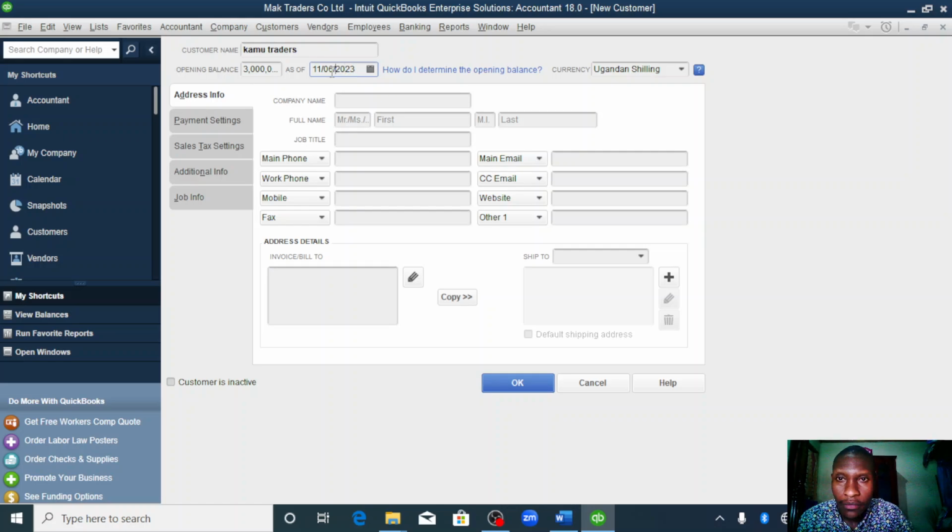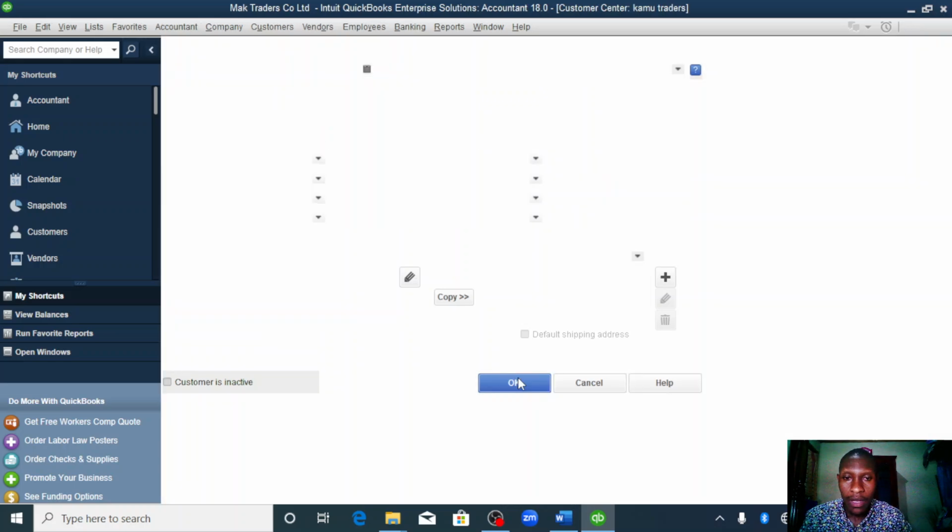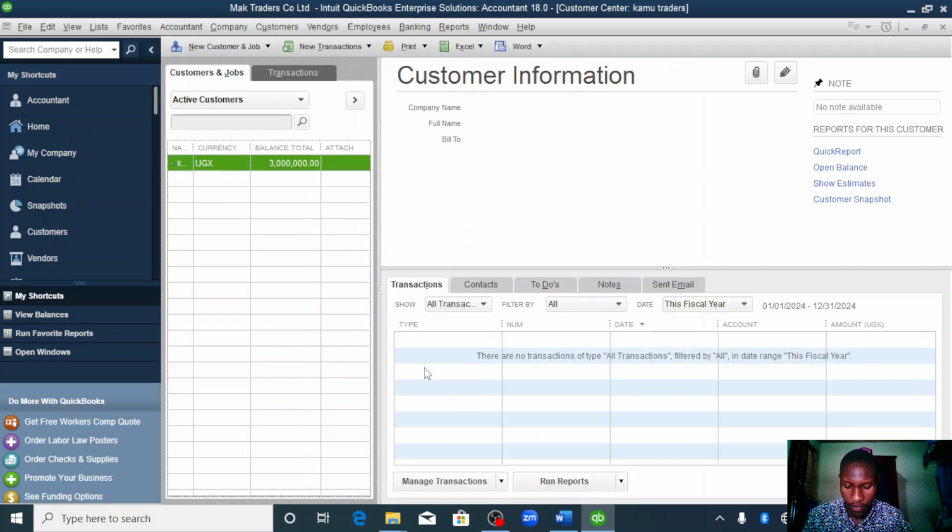1st January 2023. Yeah, so we have put there our opening balance and our date is updated. We say okay. We go back and add another customer who is Opita Dan.